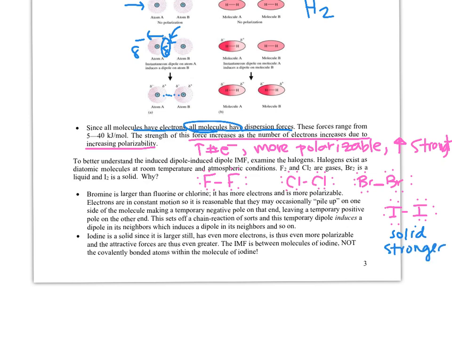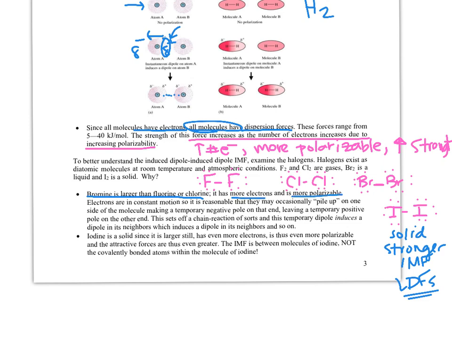What we're trying to explain is how it is stronger, because they're all nonpolar, which means the only thing they can have is London dispersion forces. It has to do with the polarizability or the number of electrons that the molecule has. Bromine, for example, is larger than fluorine or chlorine, so it has more electrons and is more polarizable.